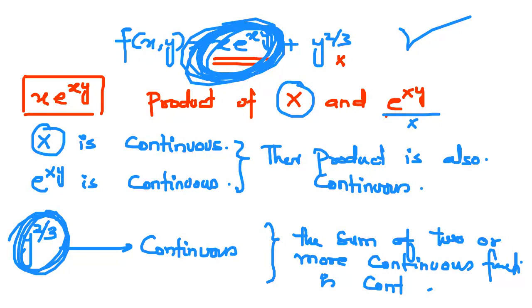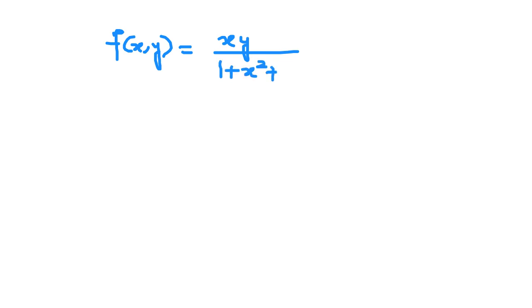Ibrahim, okay. Now, if I write this function, can you tell me about the continuity of this one? F of xy is equal to xy divided by 1 plus x square plus y square.